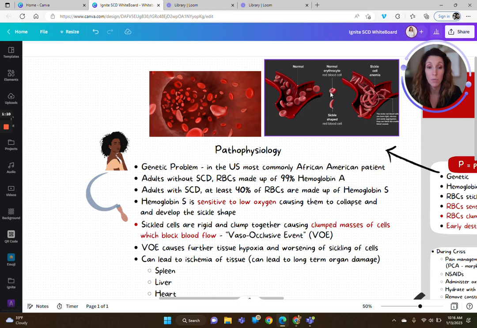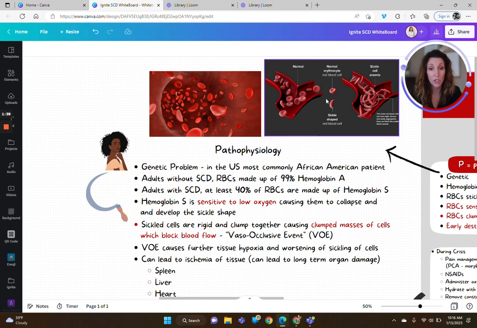And normal, healthy red blood cells have this round appearance, a little bit concaved. But in patients that have sickle cell disease, they have a problem where their red blood cells collapse and develop this sickle shape. And it is named after the sickle.